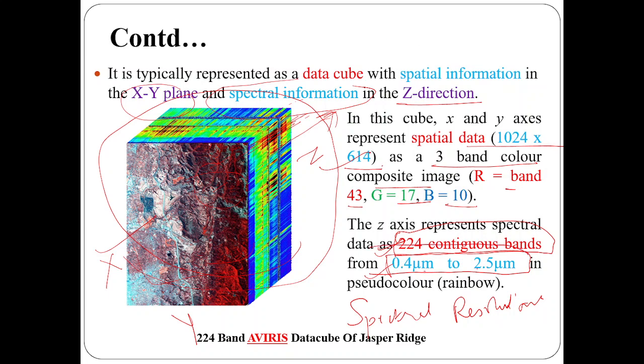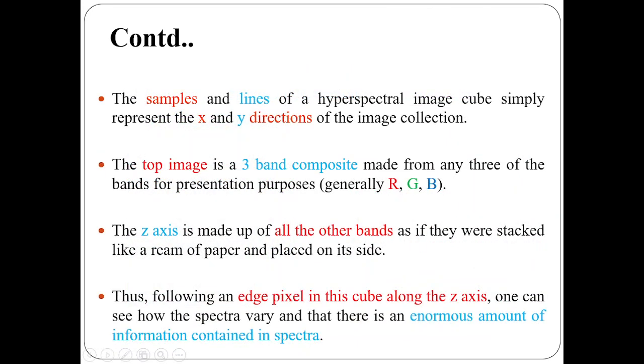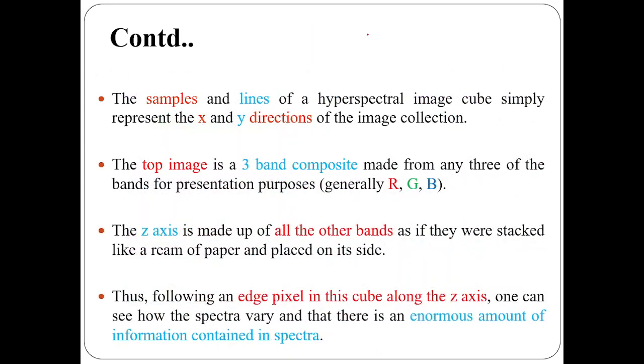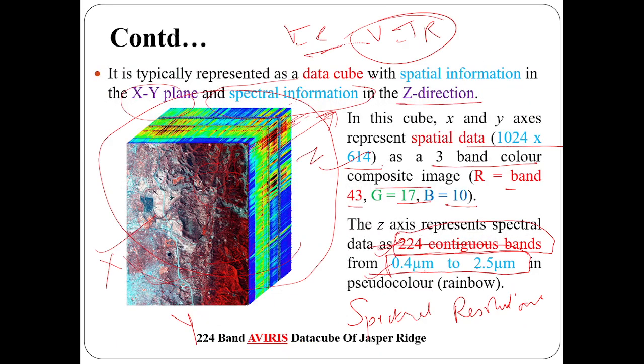So what we see in hyperspectral remote sensing is that the range is in the visible and infrared region. This is a very important concept to notice, that hyperspectral remote sensing won't go beyond infrared and before visible. The majority of hyperspectral sensors will work in the visible infrared region.